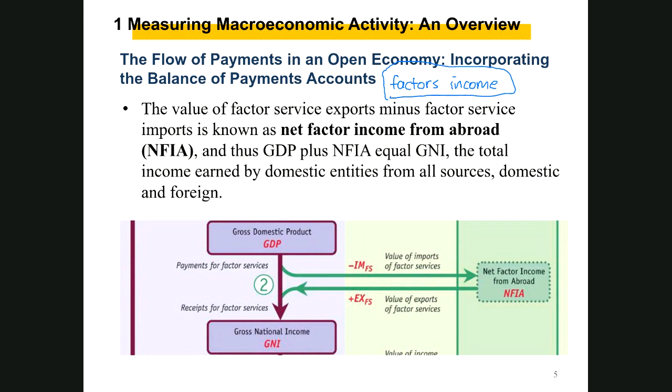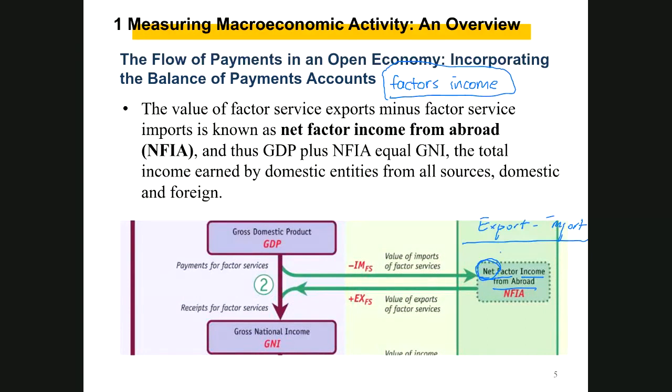Does that count into your national account for economic growth or not? So now we need to count two more things here. This is called net factor income from abroad. Everything that starts with net means exports minus imports, the difference between exports and imports.